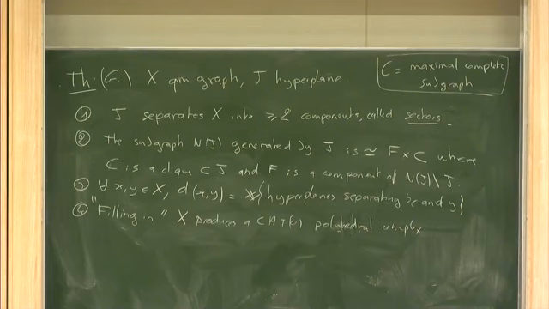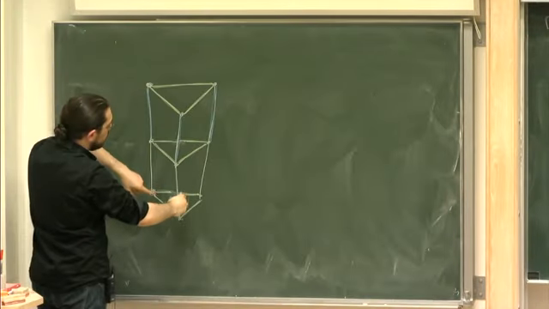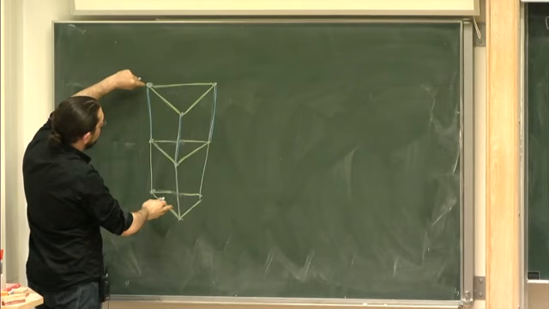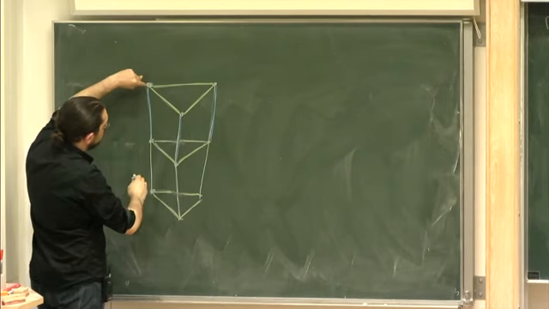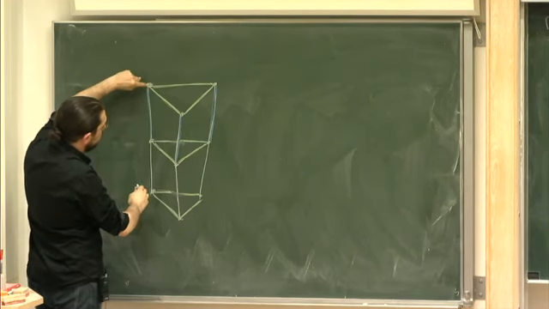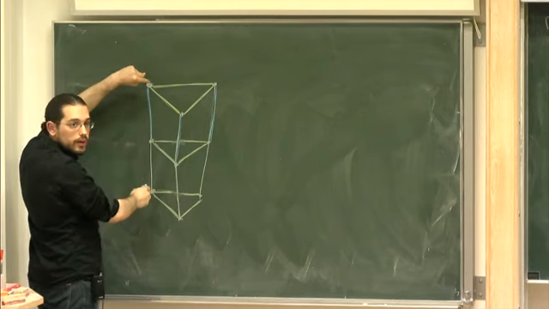And it is a product of a clique inside the hyperplane, so this blue edge, and a connected component of the complement, say this triangle. Okay, so this works. Similarly, the neighborhood of the green hyperplane is a product of a clique inside the hyperplane, so this green triangle, and a connected component of the complement, right?